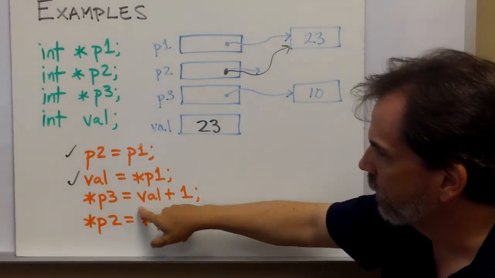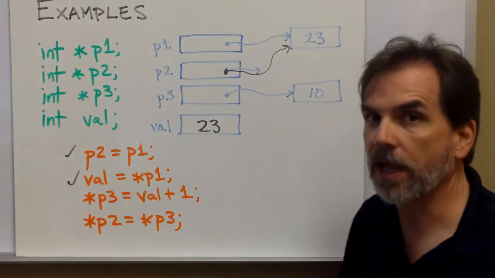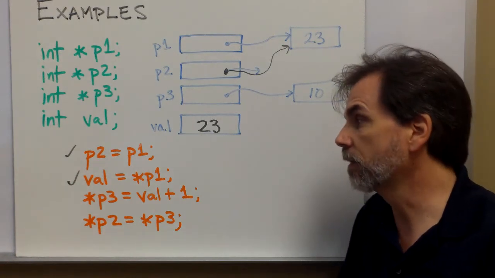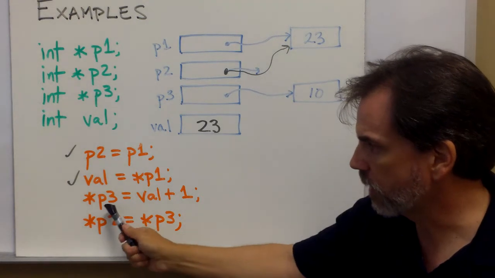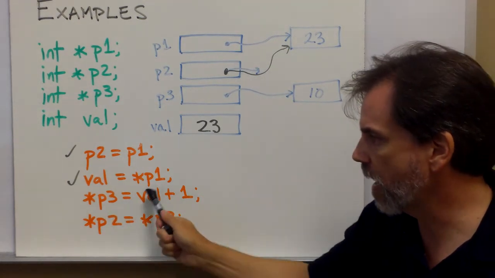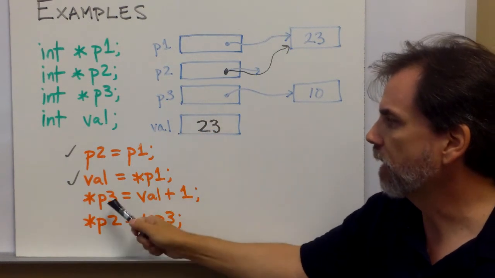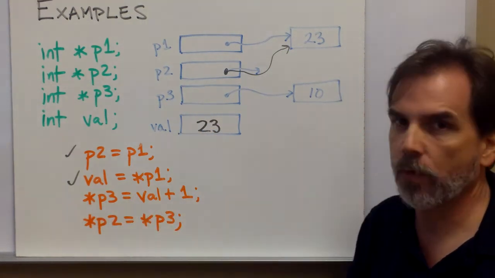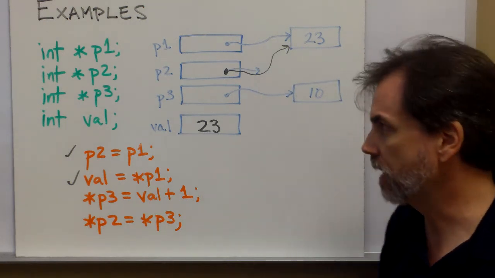Now, here's a weird one because we've got this expression on the left-hand side of an assignment statement. And before we've always had just variables over there. But this makes sense because we're storing a value not into the box p3, but into the place where p3 points. So we can dereference on the store side as well as on the load side.